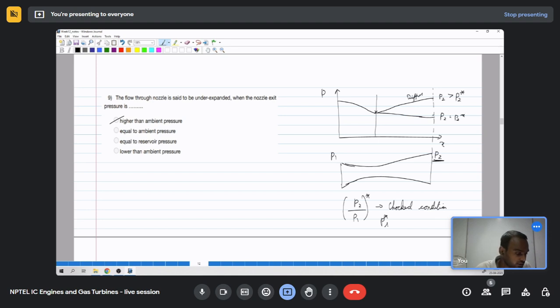And if P2 is less than P2 star, this is the overexpanded condition, where you have reduced the pressure less than the ambient condition. And when it is somewhere between these two points, this is underexpanded.